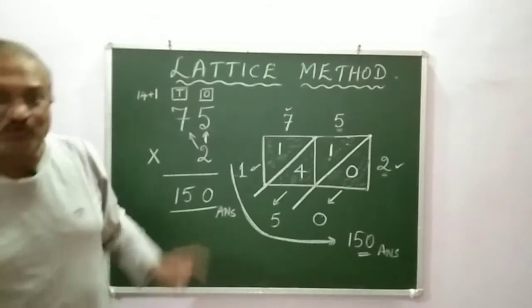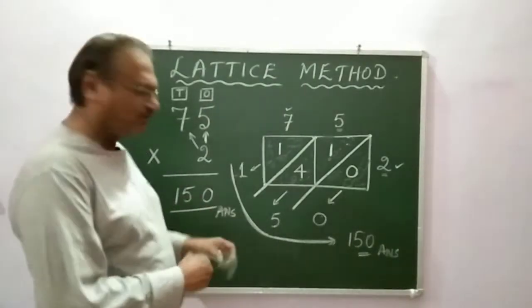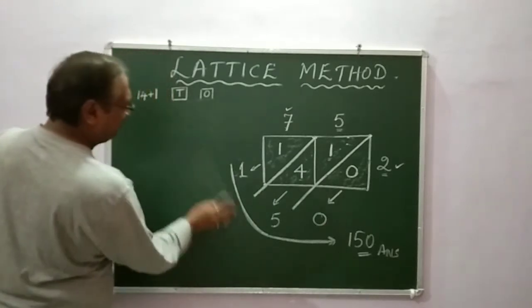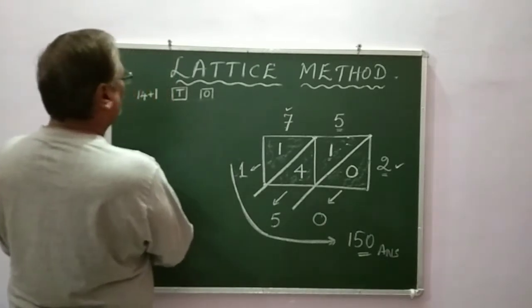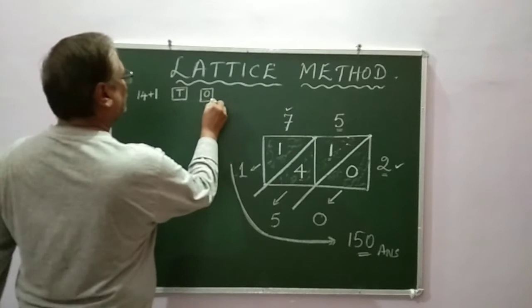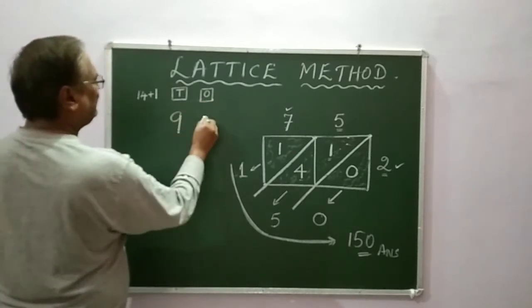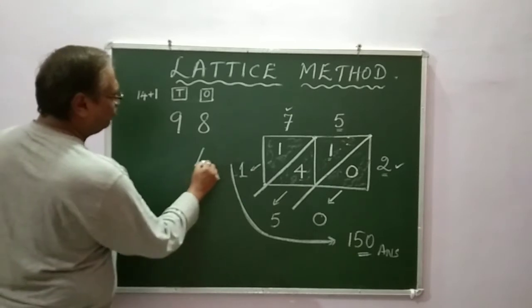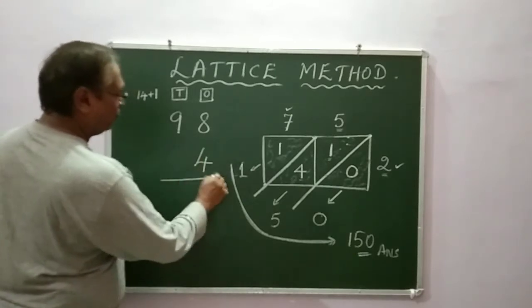You asked me to do one more, no? You think I don't know? Okay, I will do one more now. Let me think of a big number, 98, and I will multiply this with 4. Why?